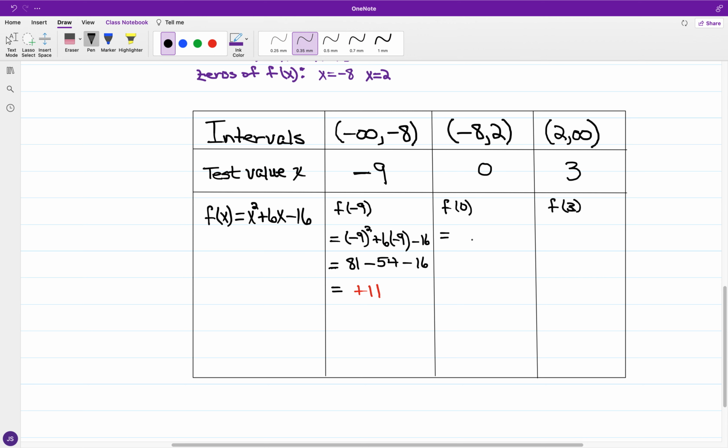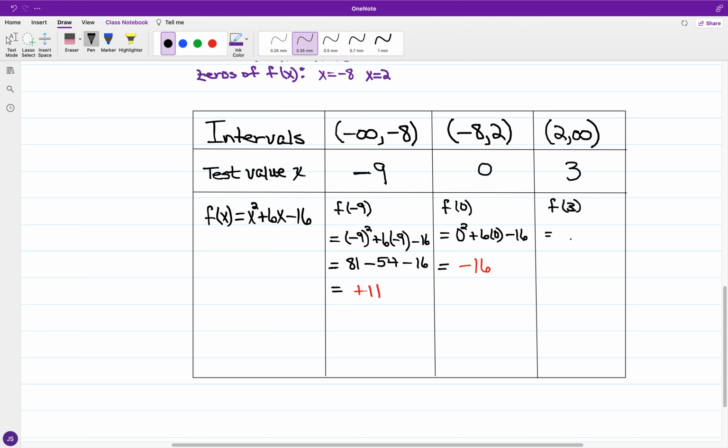Now for f of 0, running through the same operation, you have 0 squared, 6 times 0, so the first two terms are negligible. For f of 0, with the subtraction of 16 to follow, f of 0 equals negative 16.